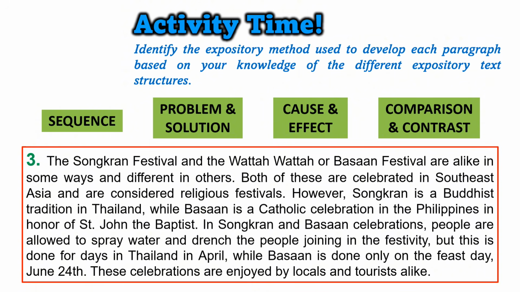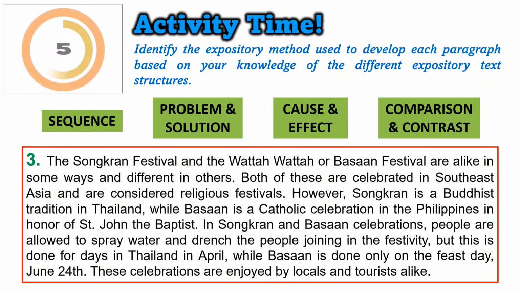In Songkran and Basaan celebrations, people are allowed to spray water and drench the people joining in the festivity. But this is done for days in Thailand in April, while Basaan is done only on the feast day, June 24th. These celebrations are enjoyed by locals and tourists alike.